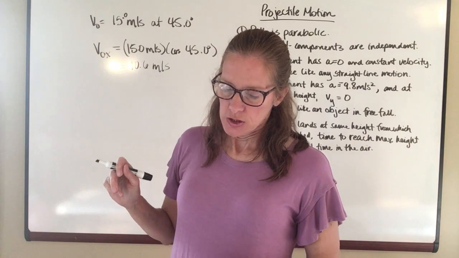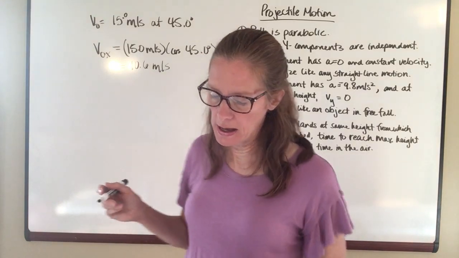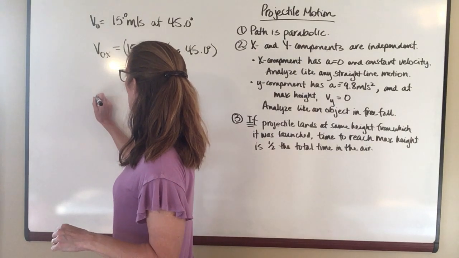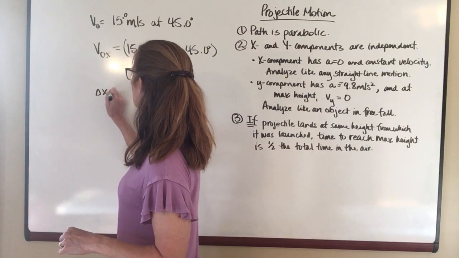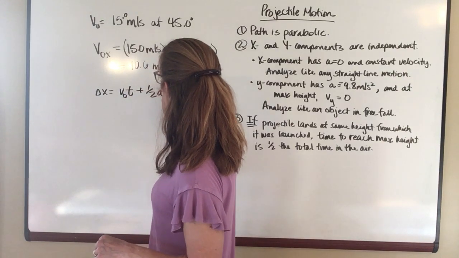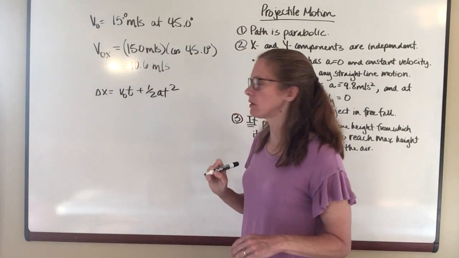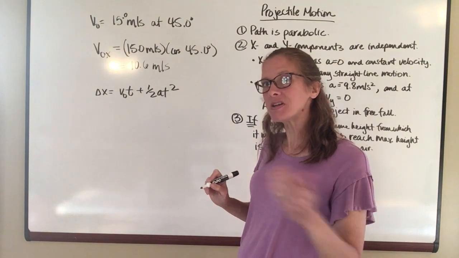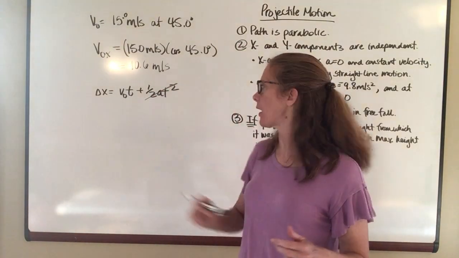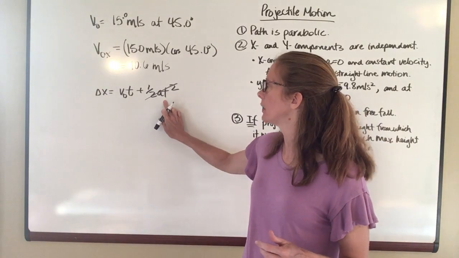Okay, so now I'm going to use the equation delta x equals v sub 0 t plus 1/2 a t squared. But remember, I don't have any acceleration in the horizontal direction, so this piece actually drops out because acceleration will be 0.